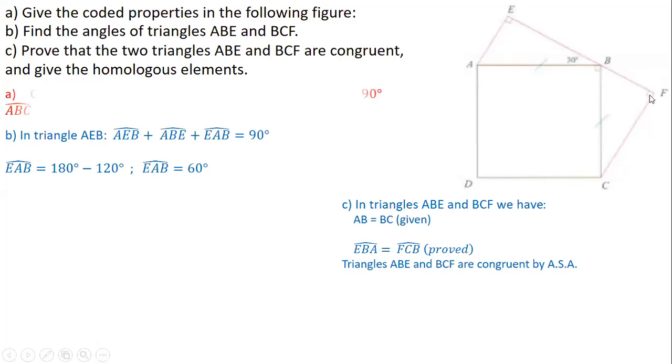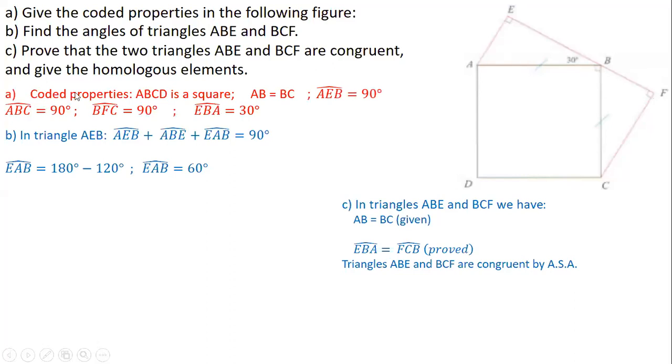So these are the coded properties. I have written them here: ABCD is a square, AB equal BC, angle AEB is 90 degrees, angle ABC is 90 degrees, angle BFC is 90 degrees, and angle EBA is 30 degrees. Got the coded properties, guys, or do you have any question? Because this question you will always be asked about.